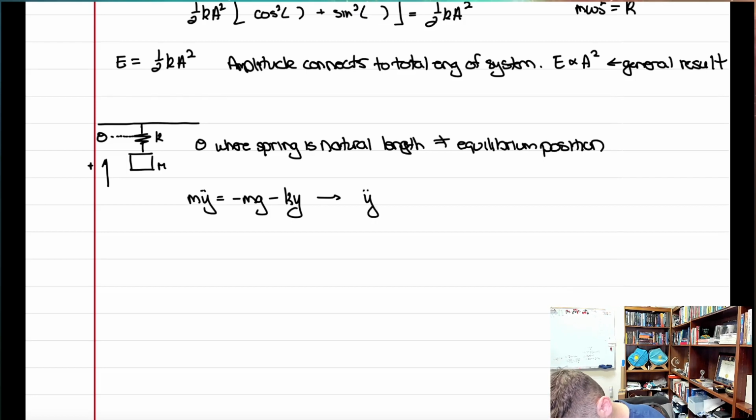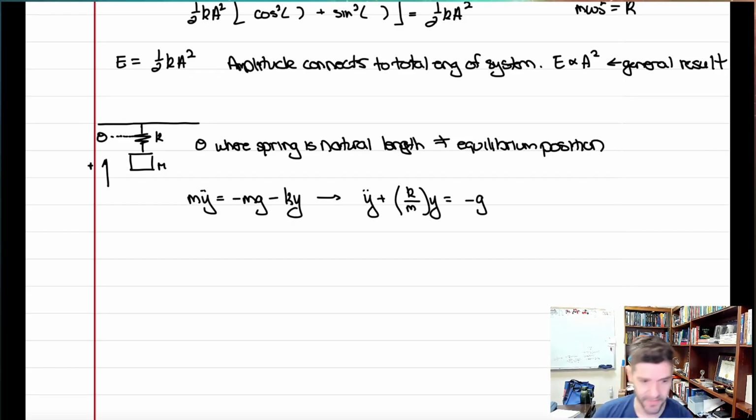So then it looks like y double dot plus, when I rearrange, there's still a k, right? So it looks like it's k over m times y. But then it's equal to negative g instead of being equal to 0. So if the right-hand side was equal to 0, it would be identical to what was above, but it's actually equal to a constant. So we need to do the case where we find both the homogeneous solution and the particular solution.